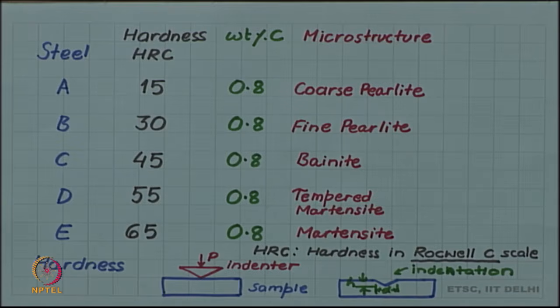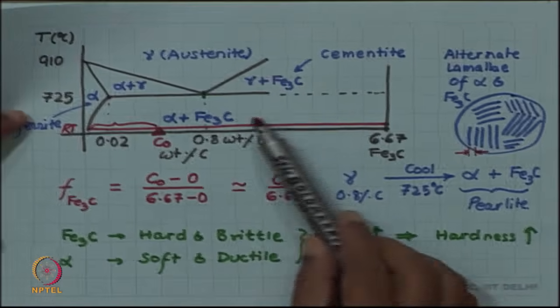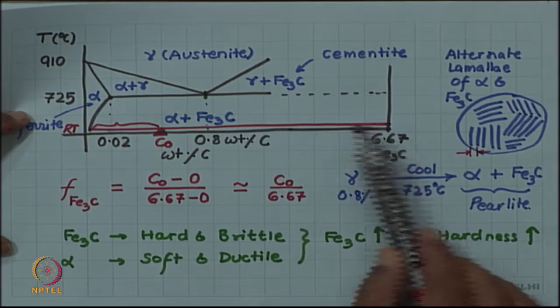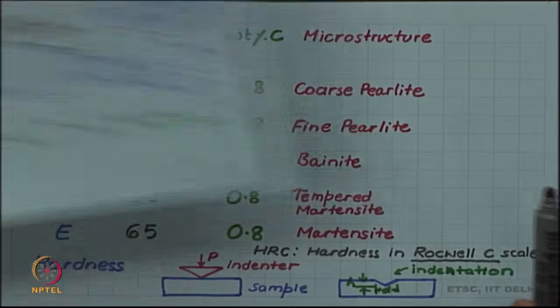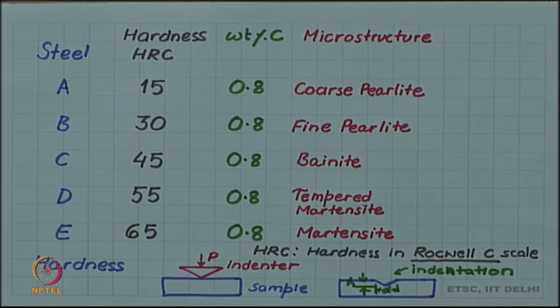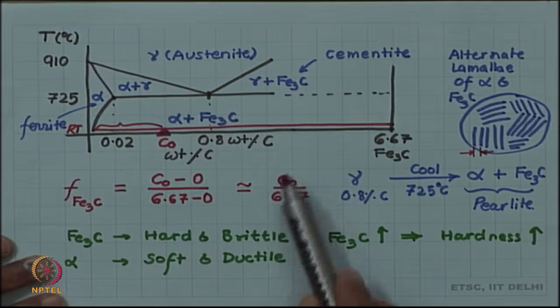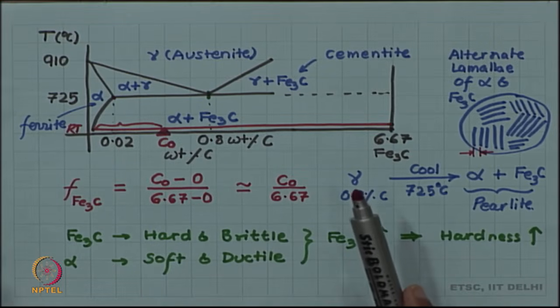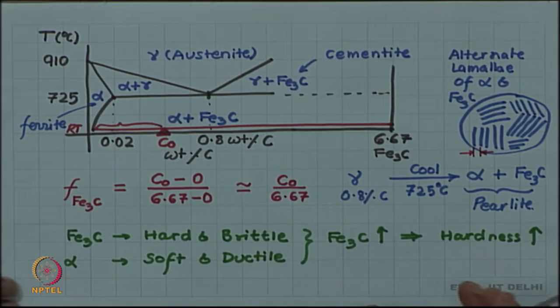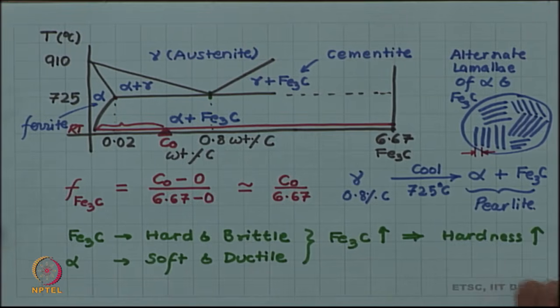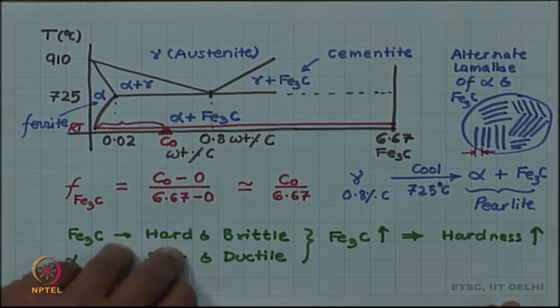Now, you can see in the phase diagram we never came across any such phase named bainite or martensite or tempered martensite. So, the phase diagram will not be able to help us in identifying these microstructures, and this is because in the phase diagram we are only able to show the microstructures which are obtainable by equilibrium cooling, which means very slow cooling, because phase diagrams are equilibrium diagrams.